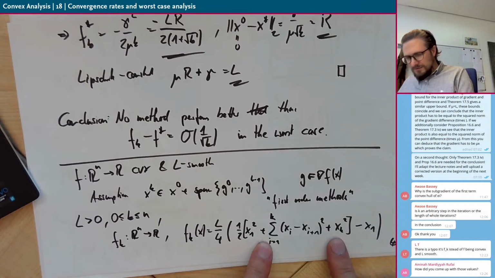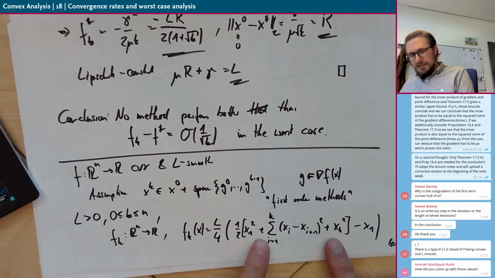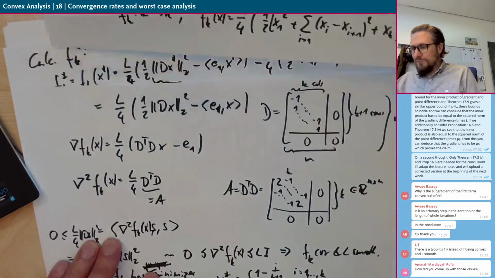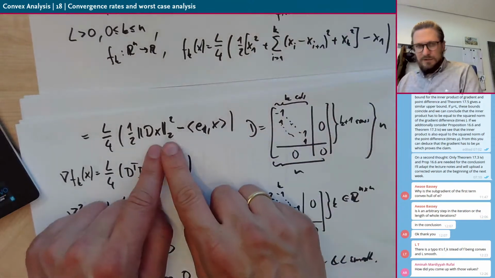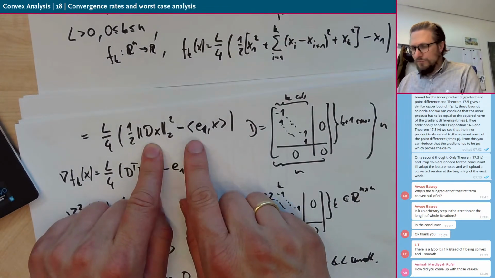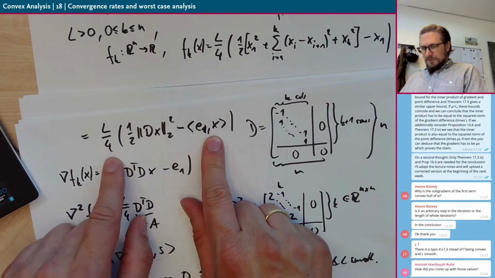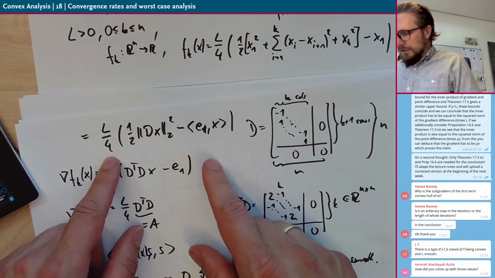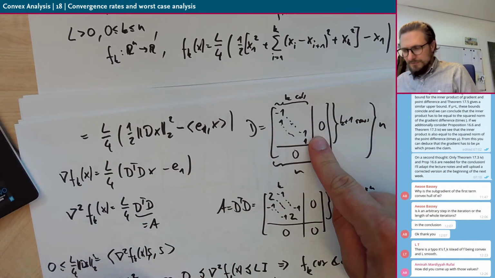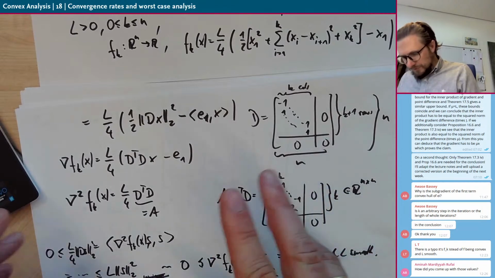In the smooth case, the function I copied from the book by Yurii Nesterov, Introductory Lectures on Convex Optimization, looks like this. I prefer to write it in matrix notation. It's norm of Dx squared over 2 minus the first entry of x, scaled by L over 4, with this difference matrix D here. We calculated everything.